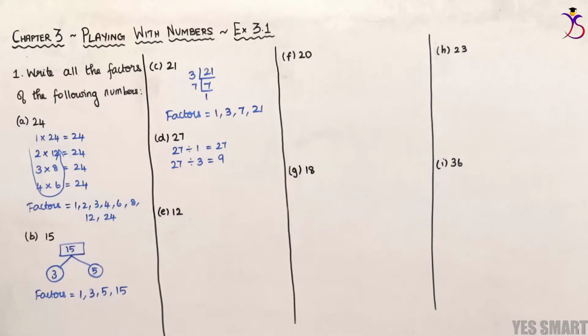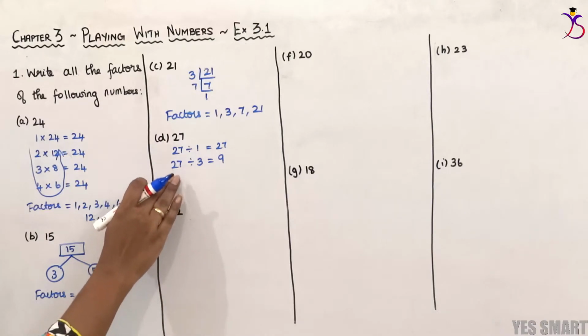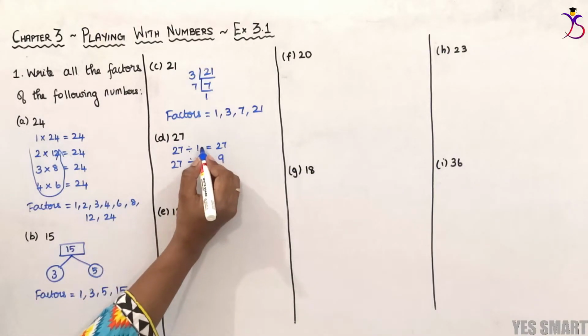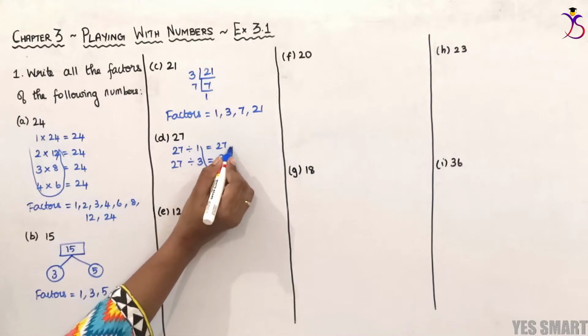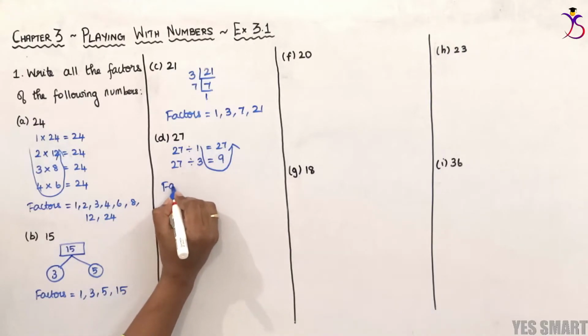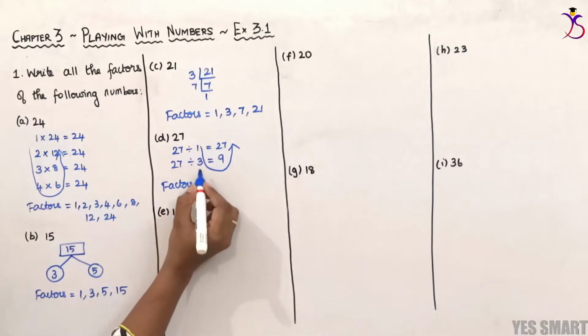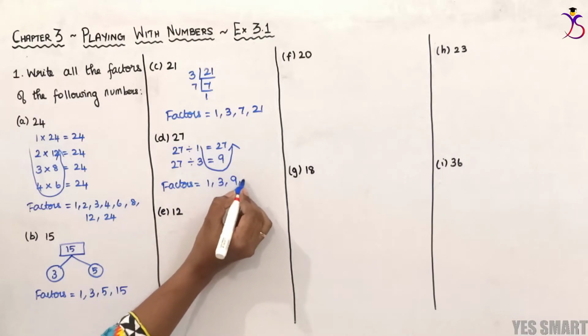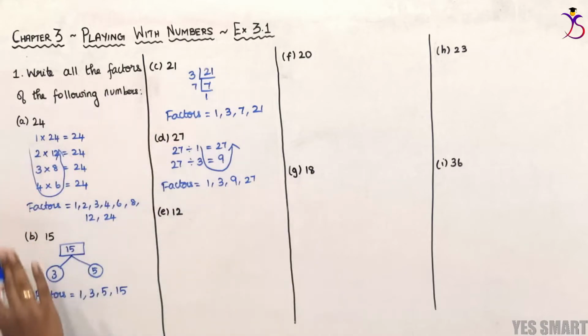Then we have 5. 27 is not divisible by 5. After 5 we have 6, 7, 8. 27 is not divisible by all three numbers 6, 7 and 8. Then the next number is 9. 9 we already have here, so we should not repeat it. Therefore we can write the factors in this fashion. Therefore factors equal 1, 3, 9, 27. These are the factors of 27.